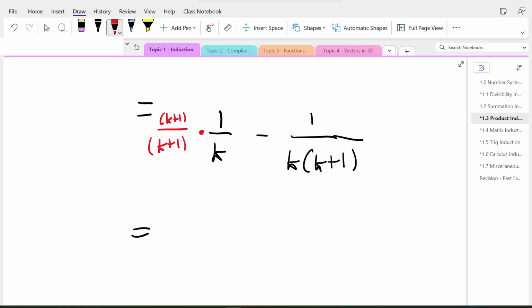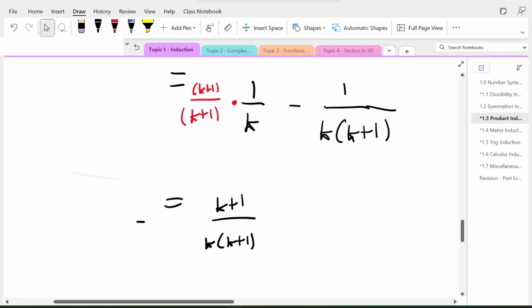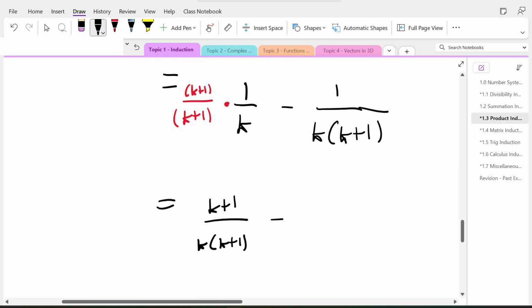Now, technically, to do full cross-multiplication, you would also do this one by k over k, and I would also pull the k over k there. But as you'll see in a second, we won't need it. All I'm after is the same thing on the bottom of both fractions. This should achieve it. Okay, so k plus 1 is on the top of that first fraction, and it looks like that. And for the next fraction, that doesn't change.